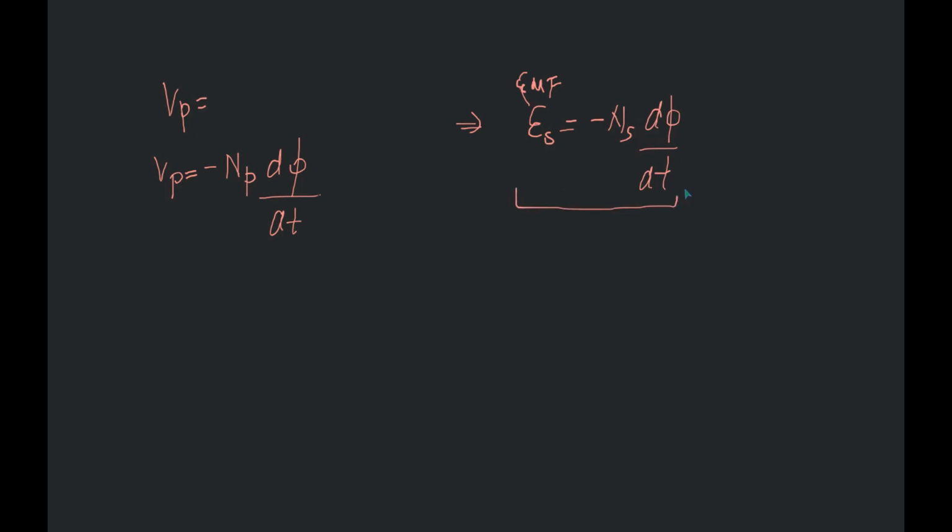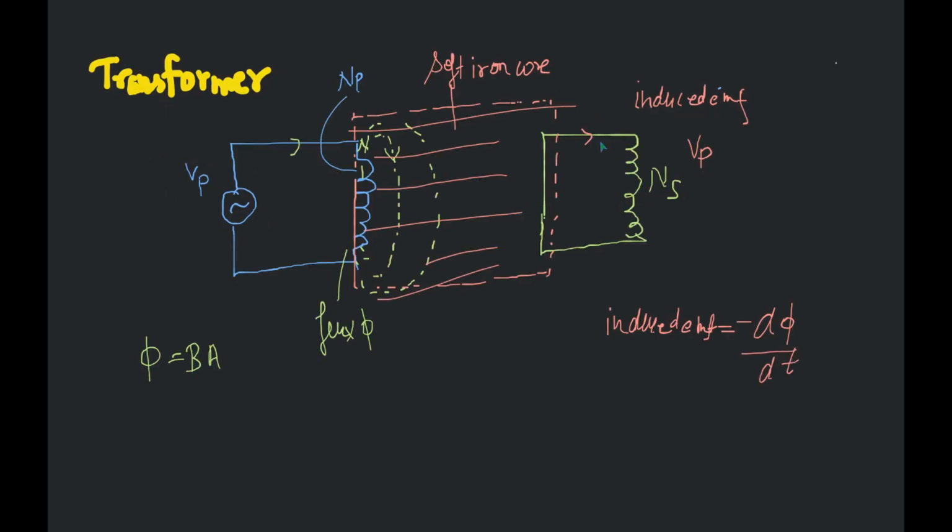So the secondary coil is an open circuit, and the voltage output at the two terminals can be calculated. Here we can calculate this.